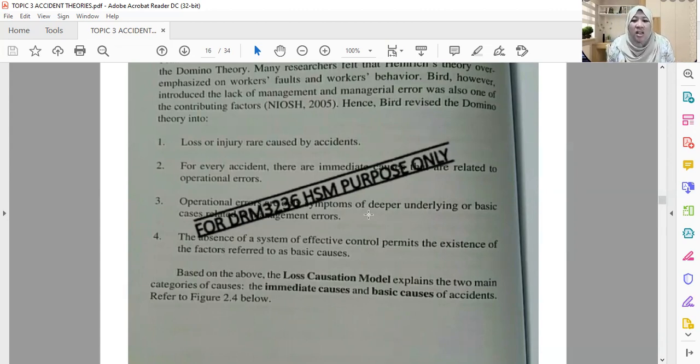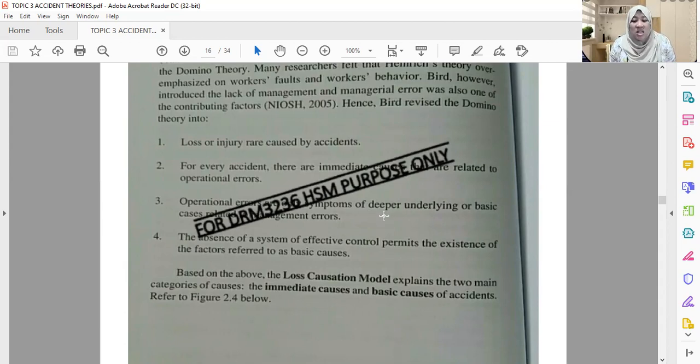For every accident, there are immediate causes that are related to operational error. Operational errors are also one of the symptoms of deeper underlying or basic causes related to management error, and the absence of a system of effective control permits the existence of the factors referred to as the basic causes.